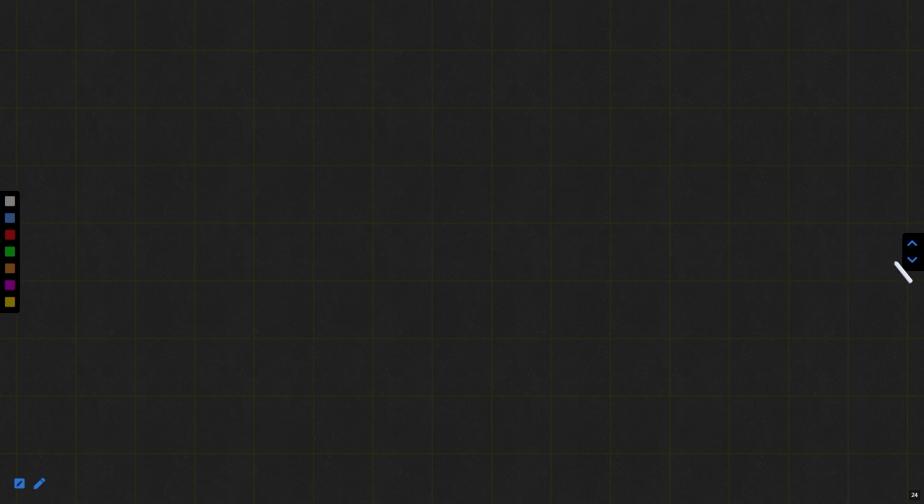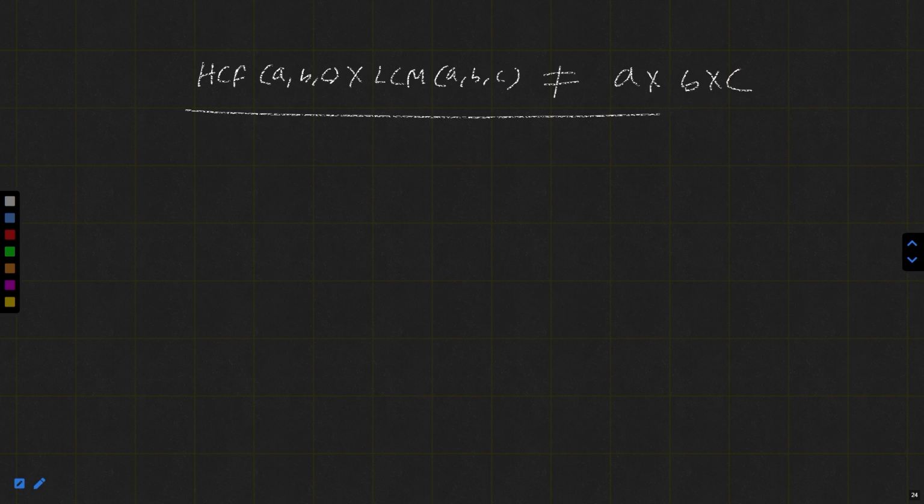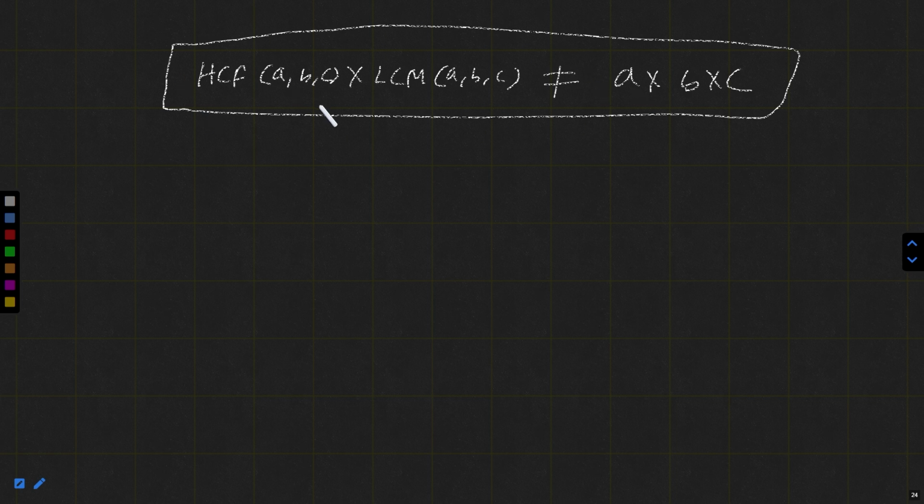We have also seen that HCF of a, b, c times LCM of a, b, c does not equal the product a into b into c. By an example we have shown this does not hold: for three positive integers, the HCF times the LCM does not equal the product of the three numbers.